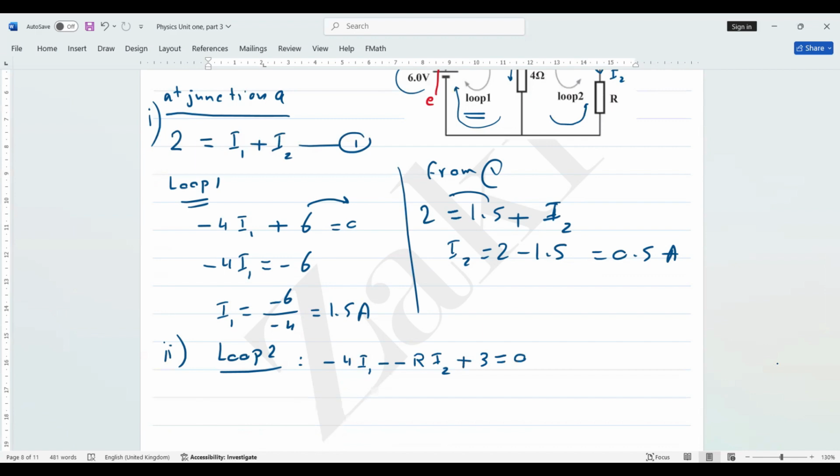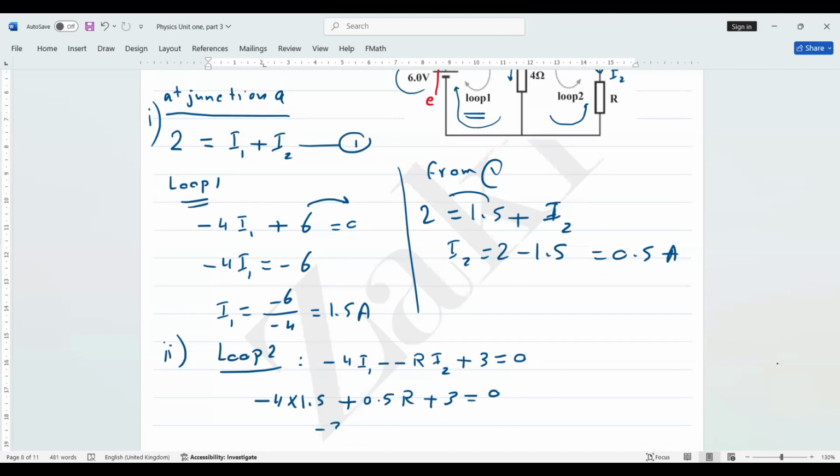Now we can solve this equation. Already I1 is 1.5. So negative 4 times 1.5, and I2 is 0.5, so it is 0.5 R plus 3 equals 0. Now we use the calculator. Negative 4 multiply 1.5 plus 3, it's negative 3.